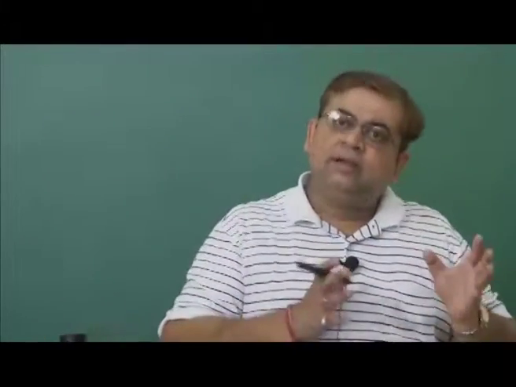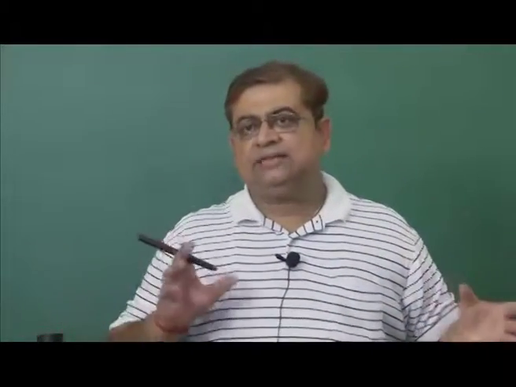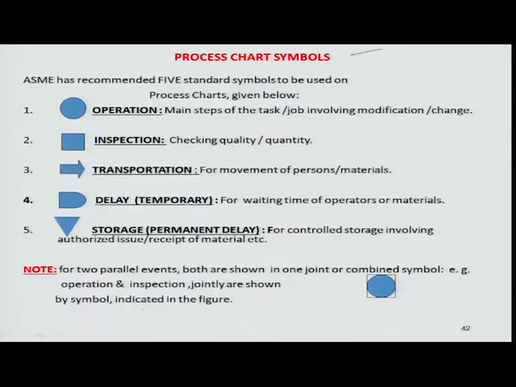So you get a sense of direction of your hand movement between one operation and the next in this way. In this manner, in an organized way, you could get a very good detailing of how the hands and limbs of an operator in an assembly line are moving with respect to whatever operations he is delivering or recording. So let us look at the first process chart and the symbols involved therein.